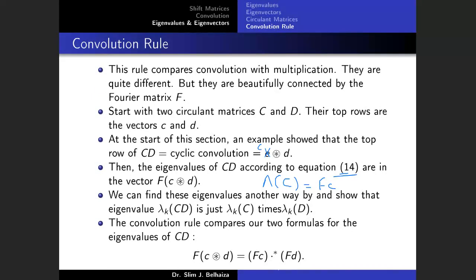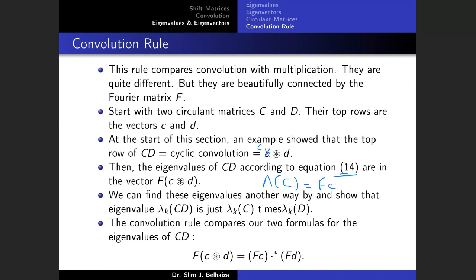So the eigenvalues of CD, according to that equation, are in the vector F multiplied by C multiplied by D with the cyclic convolution. Now, what if you apply 14 to CD, guys?